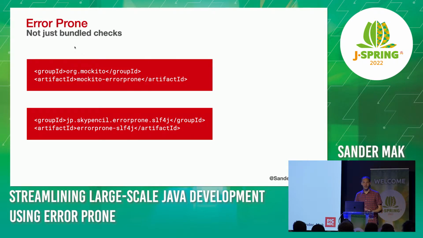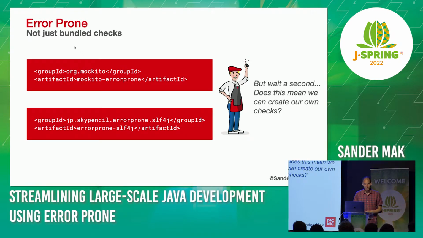And it will apply these bug patterns that are specified and maintained by the Mockito team. And the same, there's something for slf4j, and then there's more. So there's a whole ecosystem around these checks which allow you to tailor it towards the libraries that you use to get even more mileage out of using error-prone that way.